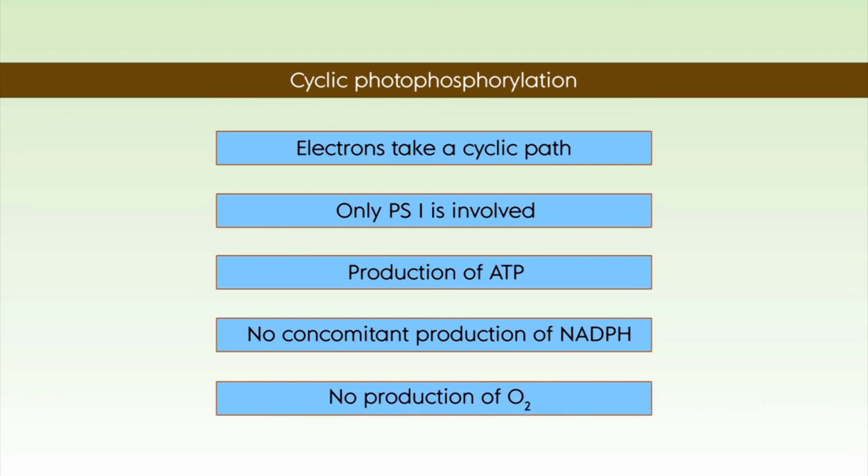There is no production of molecular oxygen. The relative activities of cyclic and non-cyclic electron flows can be regulated by the cell to determine how much light energy is converted into reducing power in the form of NADPH and how much into high-energy phosphate bonds in the form of ATP.